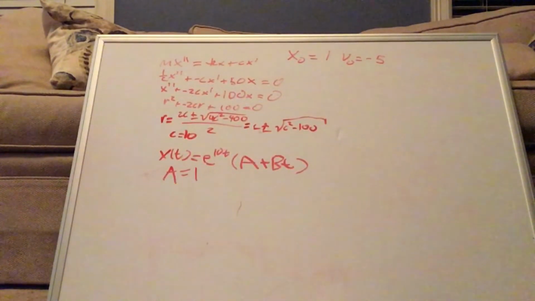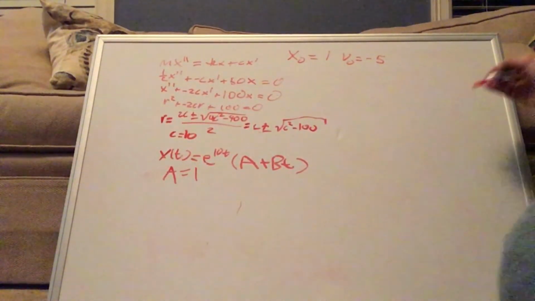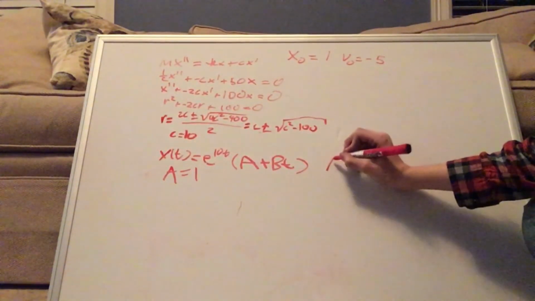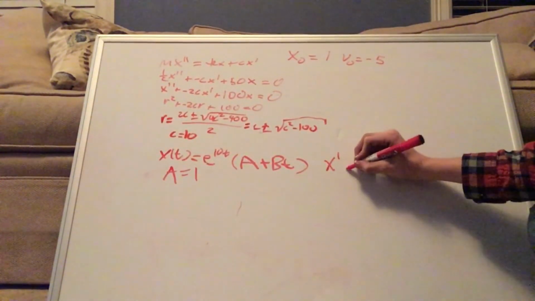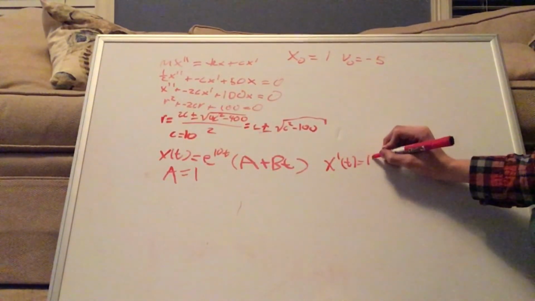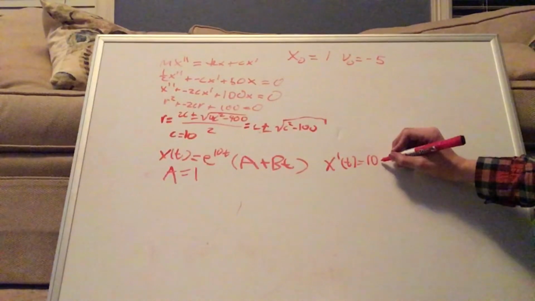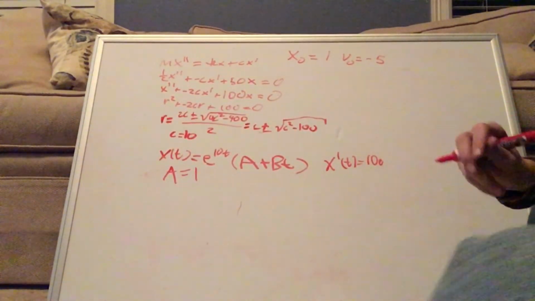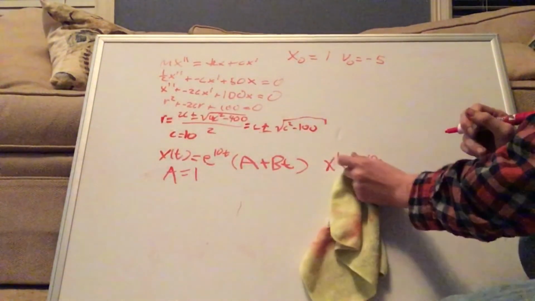For b, we need to take the derivative. So x prime of t equals 10e to the 10t. Or actually, no, not correct.